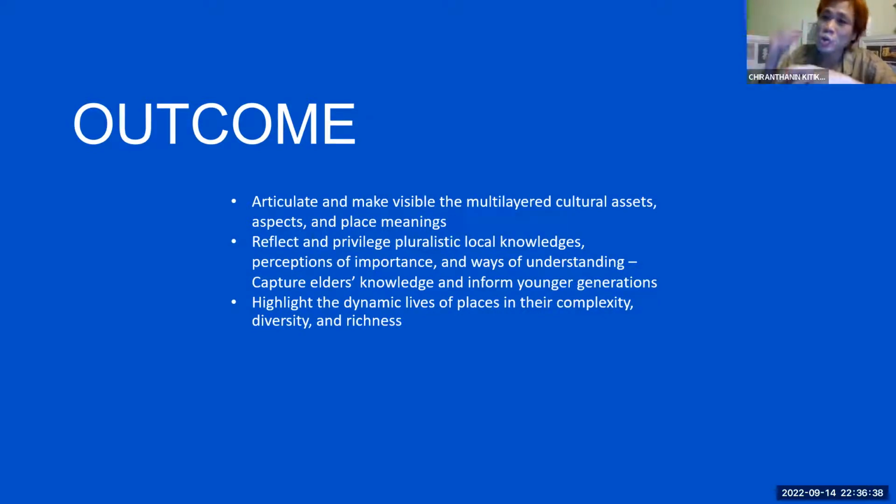Not just that, you can highlight the dynamic and the life, the strong character of this specific place. And this is new. This has never been done by people. So this is an outcome that you can get from cultural mapping.